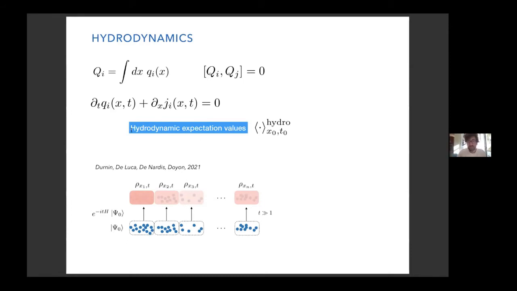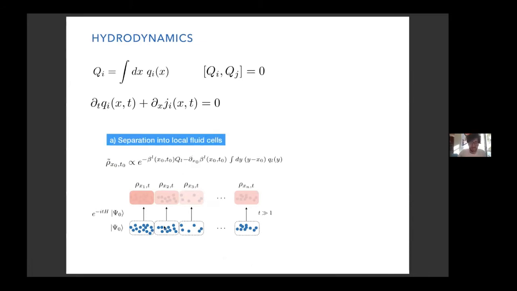The main point is that we want to take expectation values of these operators on hydrodynamic scales, at some position x0, at some time t0. The main idea of hydrodynamics is that we have, for example, some initial state, and we let it evolve for a large time. The first assumption is a separation of the system into local fluid cells.